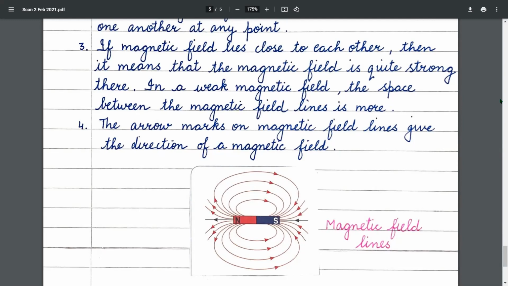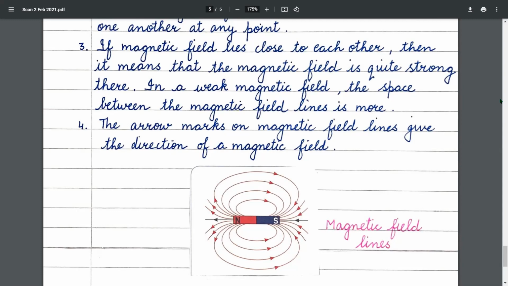So let's repeat. In air, magnetic field lines start from the North Pole and end at the South Pole of the magnet. No two magnetic field lines can ever intersect one another at any point.